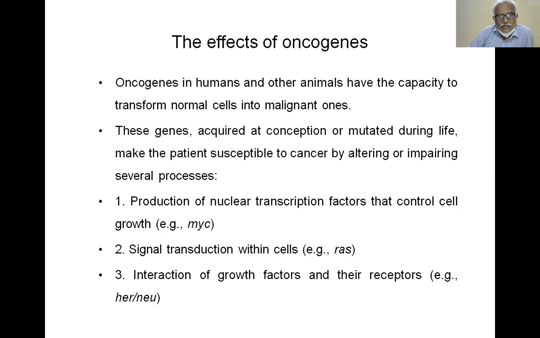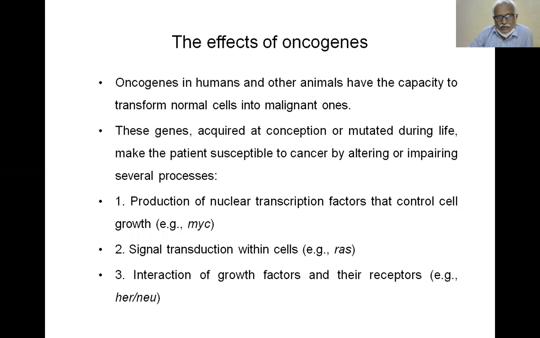So the effects of oncogenes. Oncogenes in humans and other animals have the capacity to transform normal cells into malignant ones. Remember this one. This is the thing which should be stressed by all of us. These genes are acquired at conception or mutated during life.